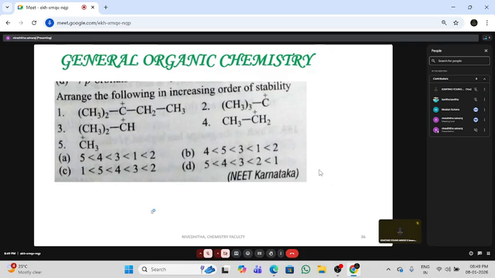You have to understand what kind of carbocations are there. Please write that, and after that arrange them. Categorize them as primary, secondary, tertiary, methyl.